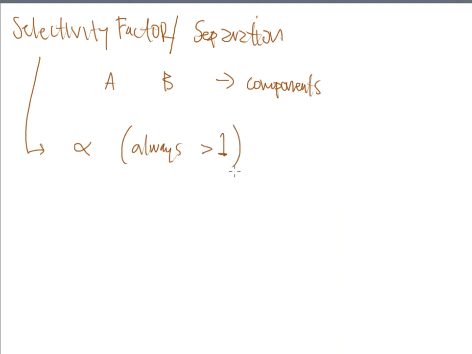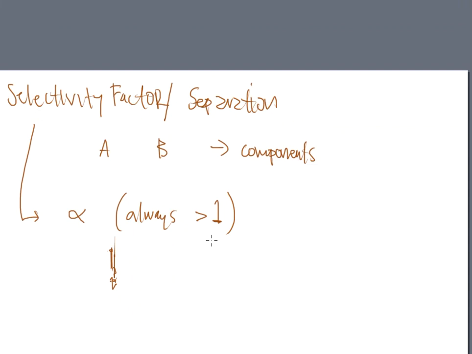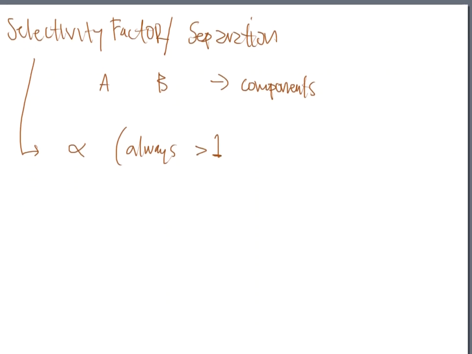So that means it's very important in how you plug these numbers into the actual equation that I'm getting ready to show you. Selectivity factor, if we talk about the equation, is going to be alpha is equal to K prime B over K prime A. We're always going to compare two adjacent peaks when we do the selectivity factor.